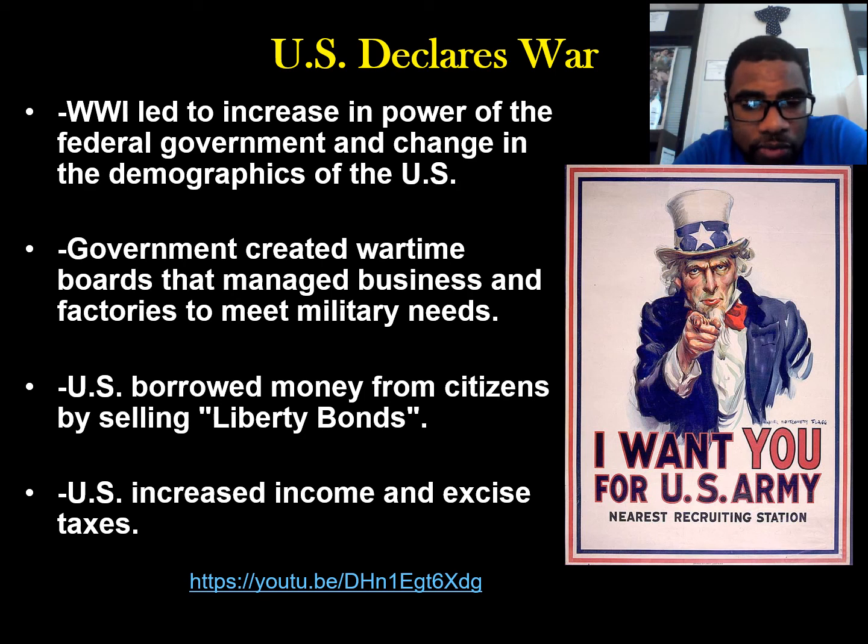The U.S. borrowed money from citizens by selling Liberty bonds, and the U.S. increased income and excise taxes. And excise means they remove taxes or scale back on taxes. Moving forward.